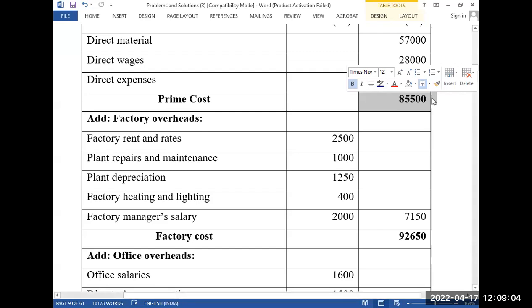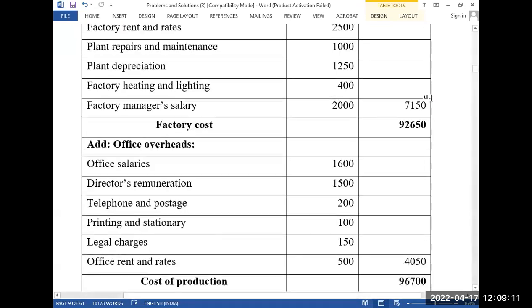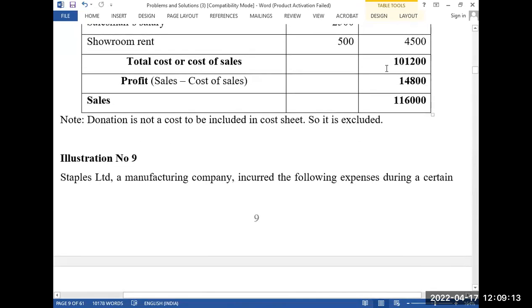Cost of sales is 1,01,200. We can't just divide this by 10,000 and multiply. Fixed cost will always remain constant. Factory rent is the same whether you produce 1,000 units or 20,000 units. Only variable cost will change.